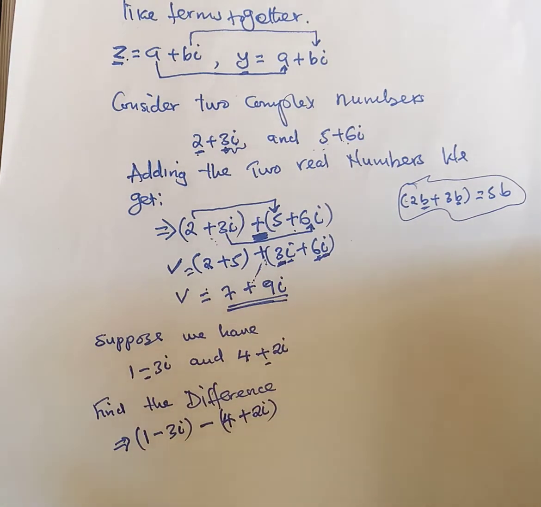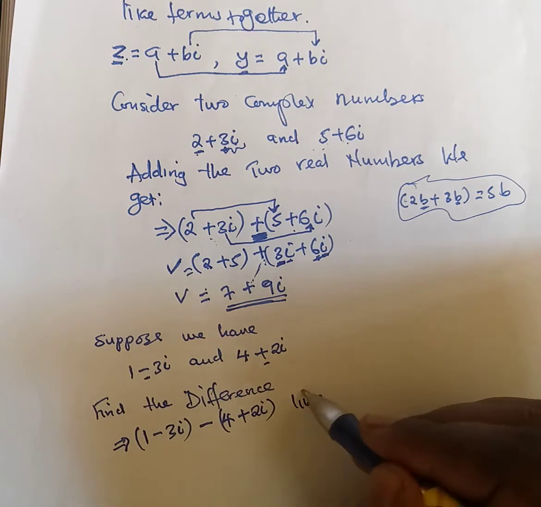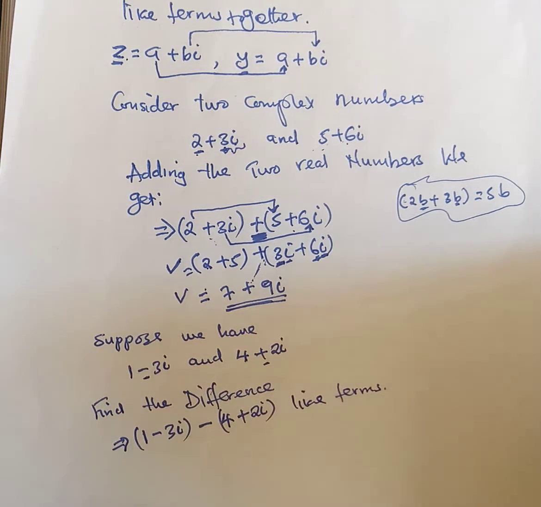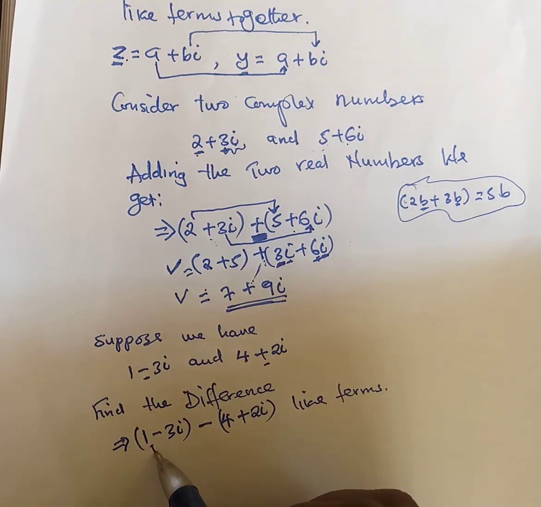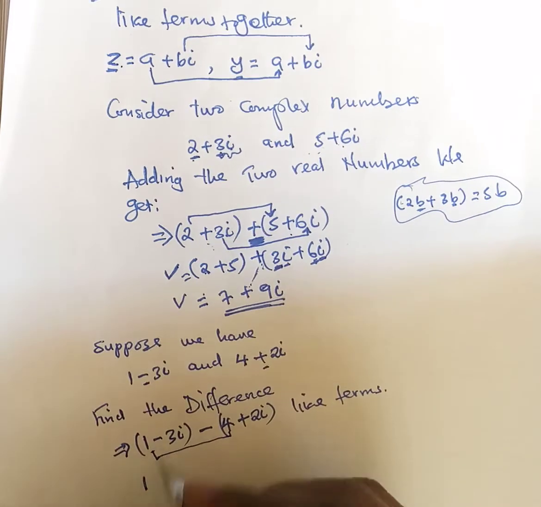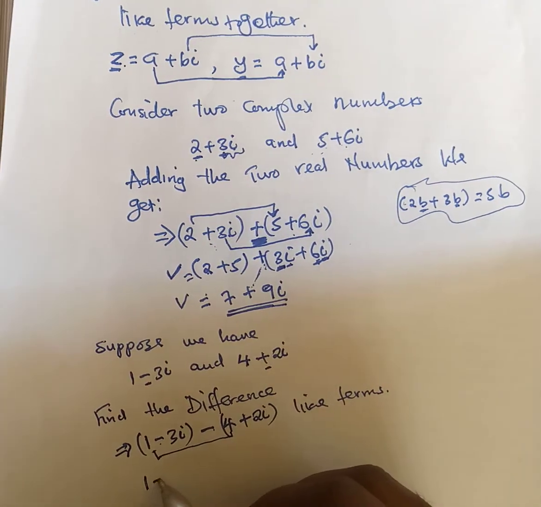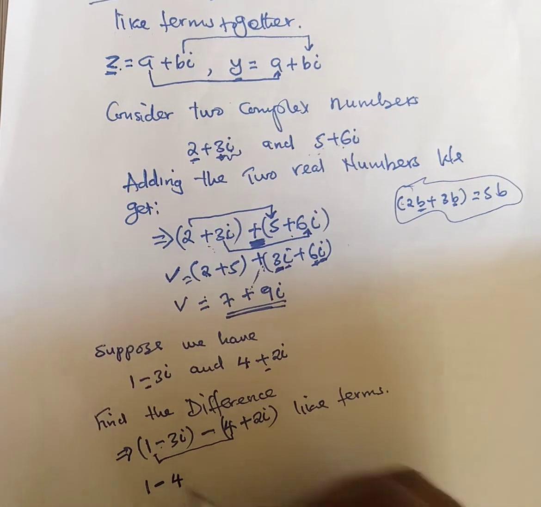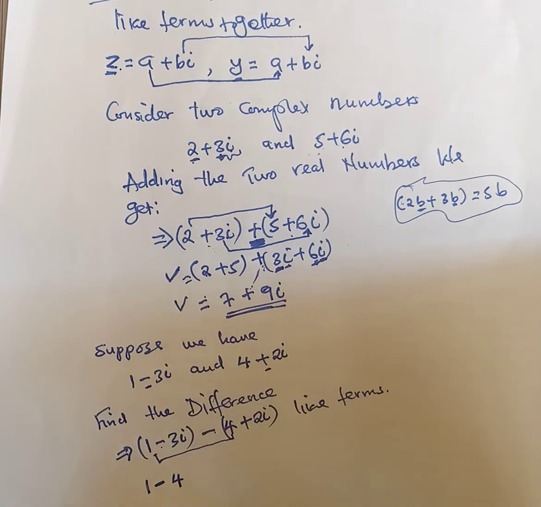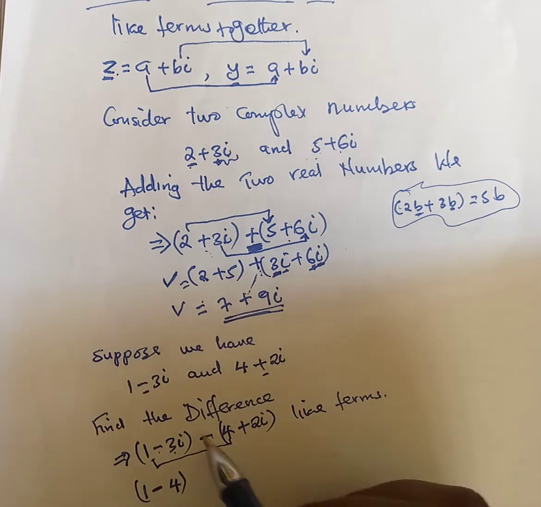Again, like terms together. So, what are the like terms here? Of course, it is 1 and 4. So it will be 1 minus 4. And then we have the imaginary part.